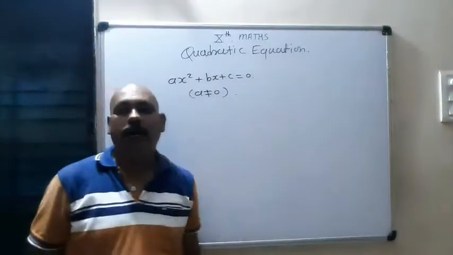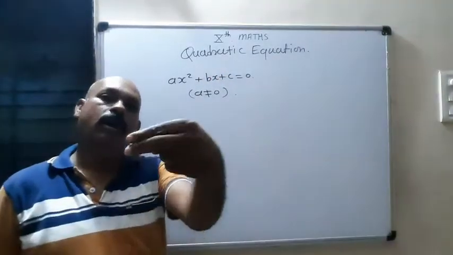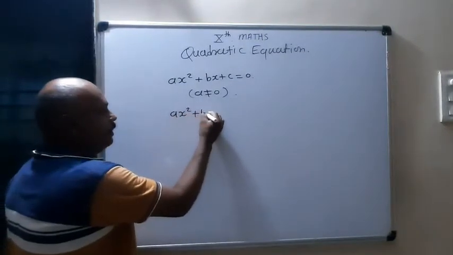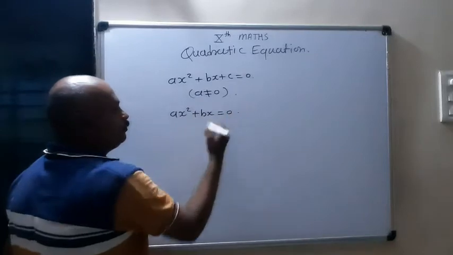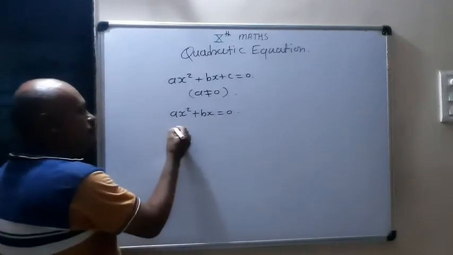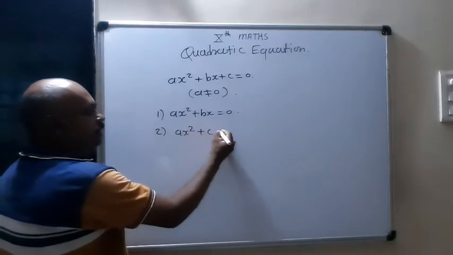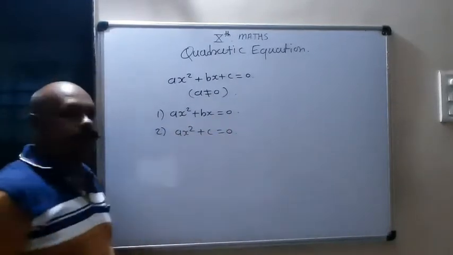Quadratic equations also have other forms, that is ax square plus bx equal to 0, and ax square plus c equal to 0.